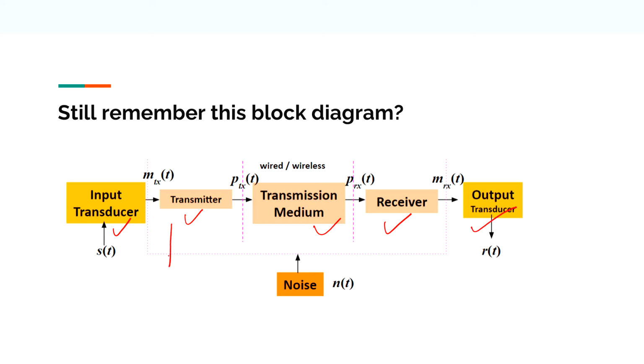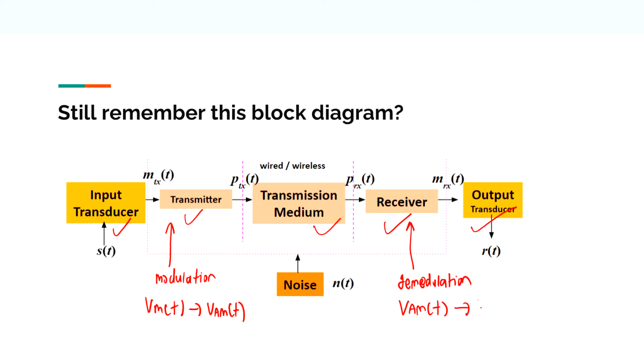In the transmitter, the modulation process happens here. And then in the receiver, demodulation or detection of the modulated signal happens here. That means in the transmitter, VMT changes to VAMT, and then in the receiver demodulation process, VAMT changes back to VMT, the information signal.